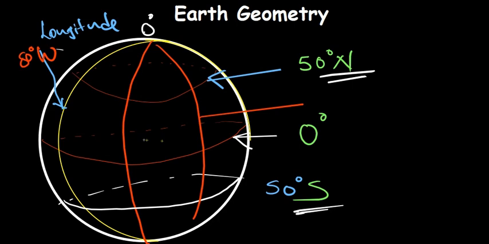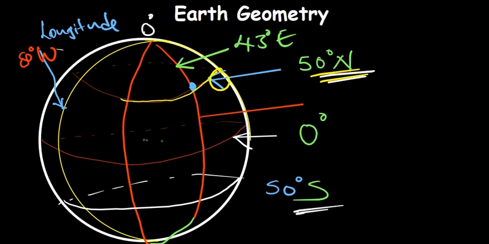Now let's try to give an example. Since this line is a longitude, let's say it's 43 degrees east, and this latitude is at 50 degrees north. Let's say we have a location about this point. That location is at the intersection between the 50 degrees north latitude and the 43 degrees east longitude.